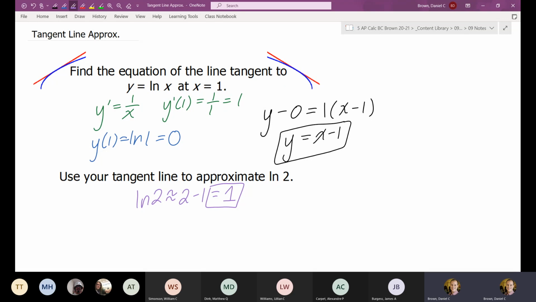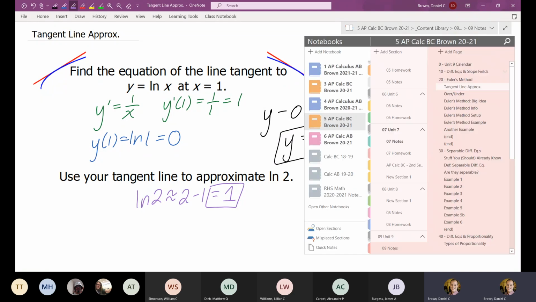I can pick up my calculator and see that the natural log of 2 is exactly 0.69314... But just thinking to yourself, 1 is close to the natural log of 2. It's not exactly it, but it is close enough.